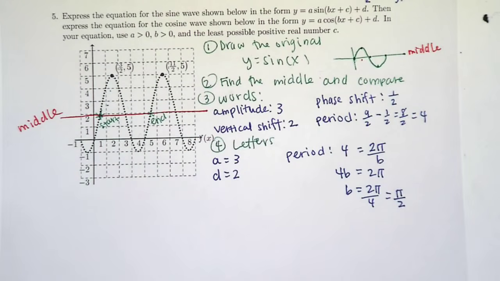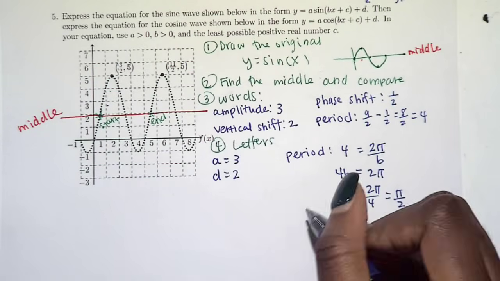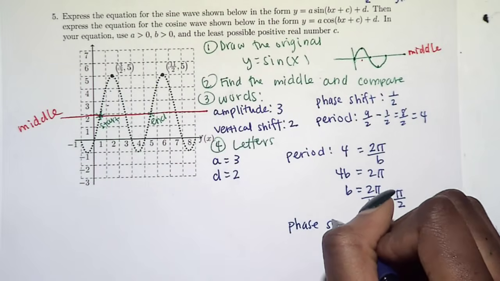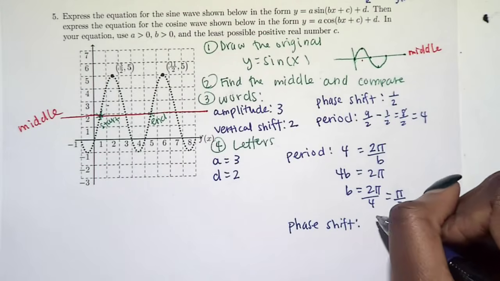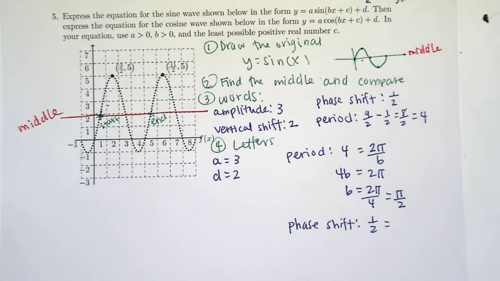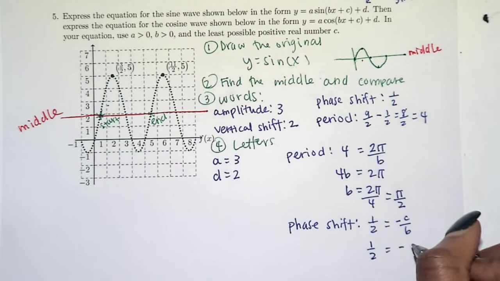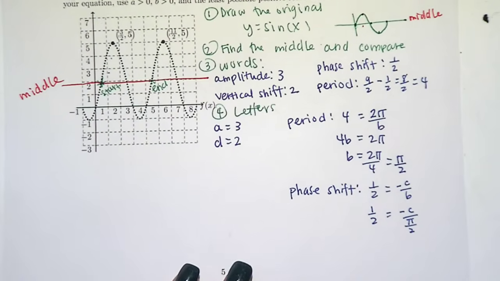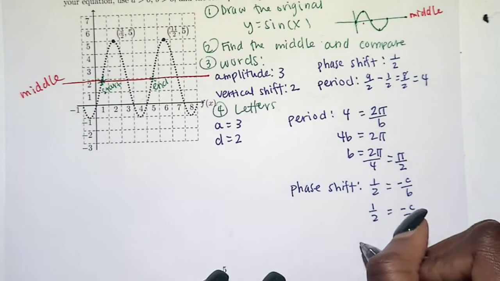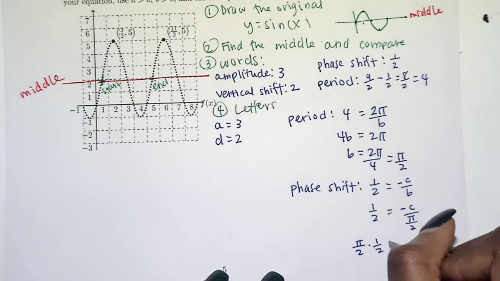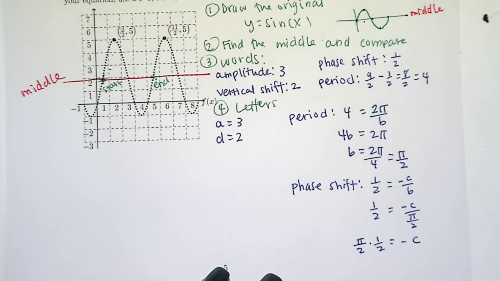So we got b is π/4. All right, and then finally we need to find C, and we're going to use our phase shift to do that. So phase shift. All right, so our phase shift is 1/2, and remember our formula for phase shift is -c/b. And luckily we just found what b is. So we can multiply both sides by π/4 and then make it negative.